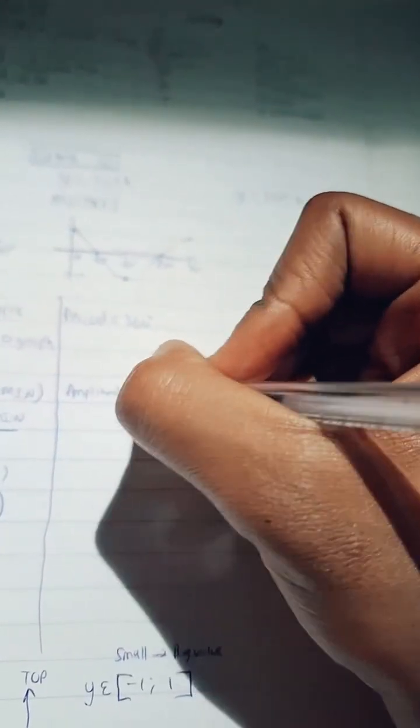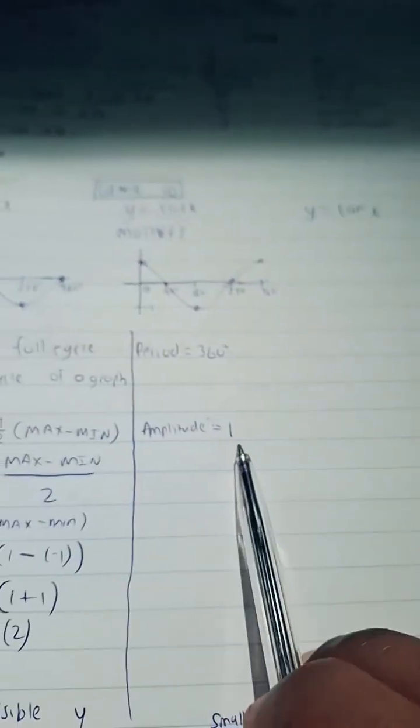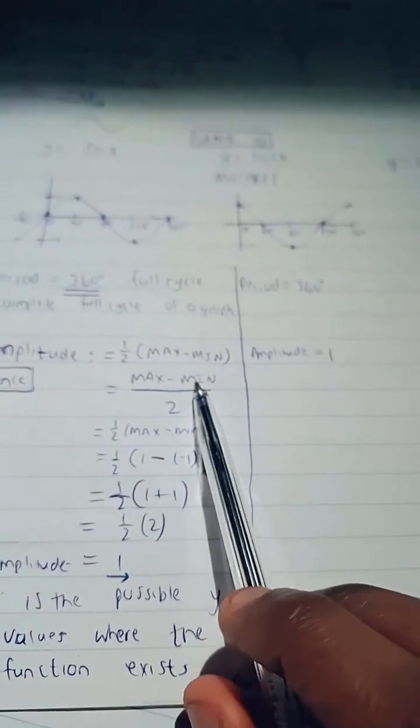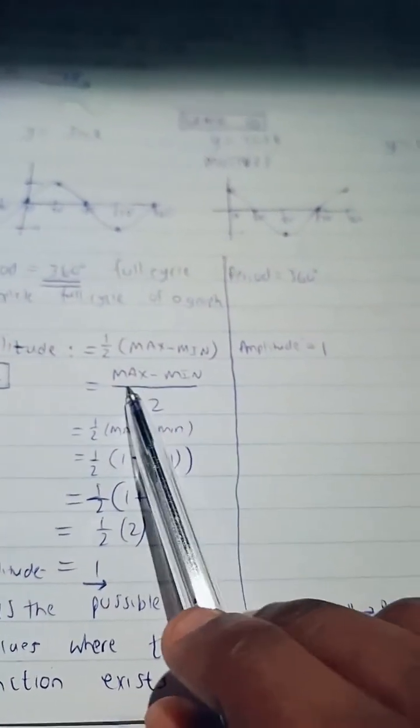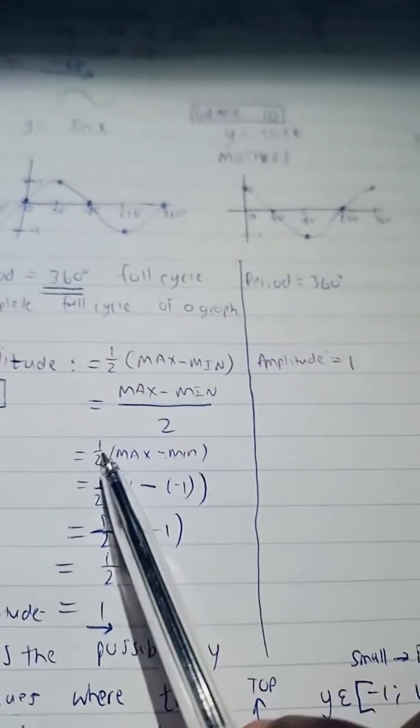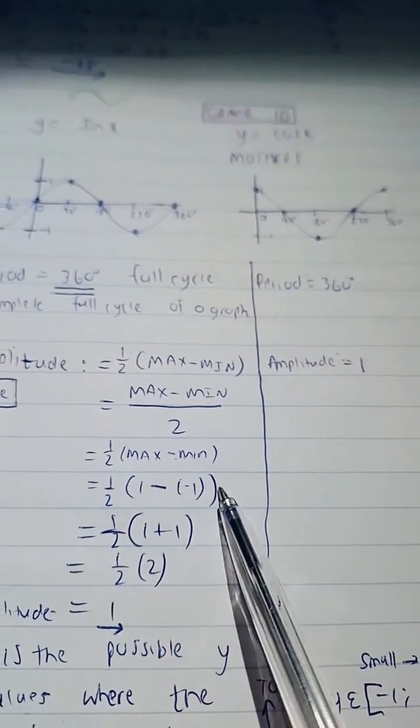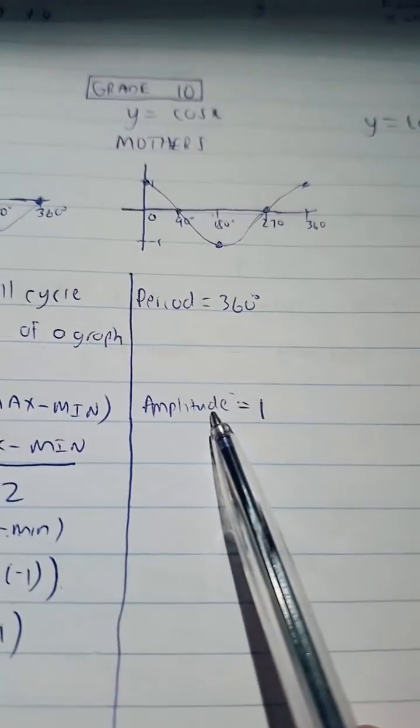So when we say max minus minimum divided by 2, we have 1 minus negative 1, which gives positive 2. Half of 2 will give us 1. So the amplitude is also 1 for the mother cos graph.